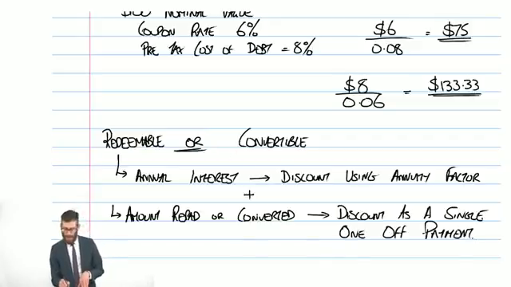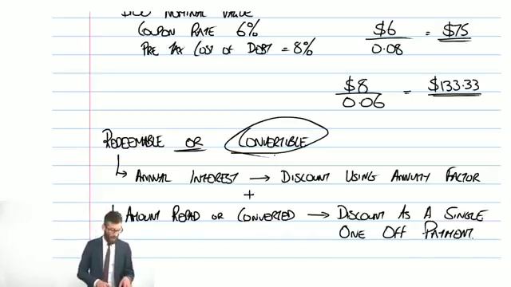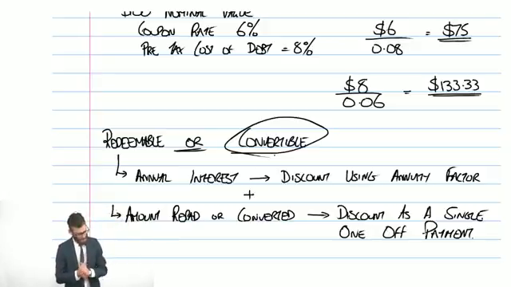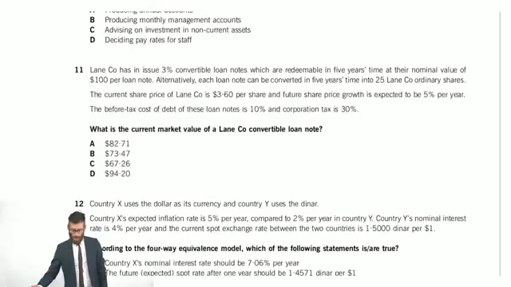Now, with a convertible, you have to decide whether the investor will redeem or convert. And we've got a question in that September paper that I'm going to use to demonstrate how we do this calculation. So we're going back to the September paper, down to question number 11.